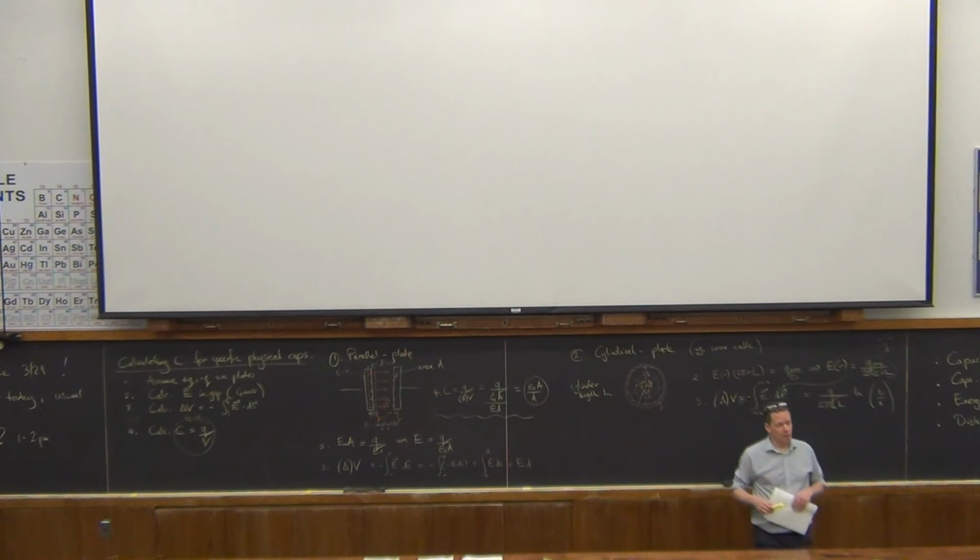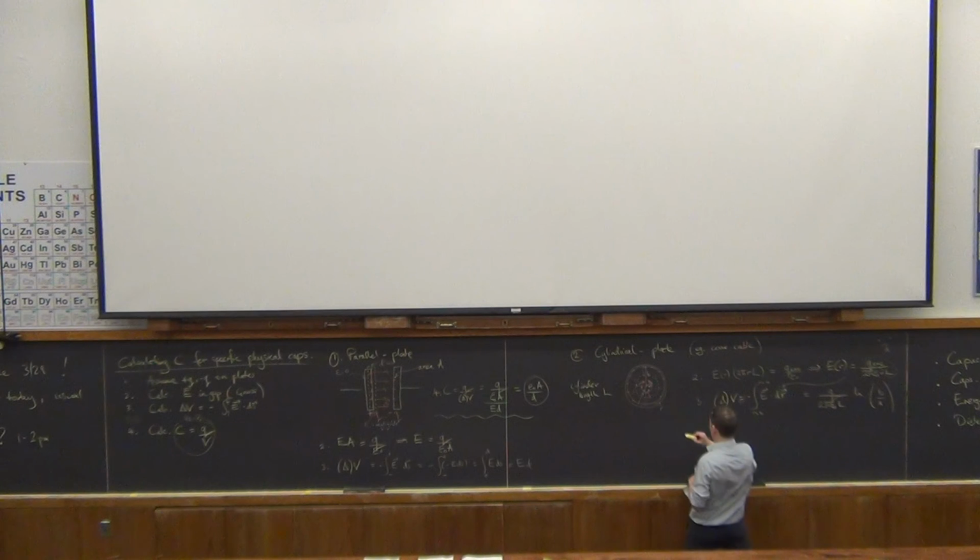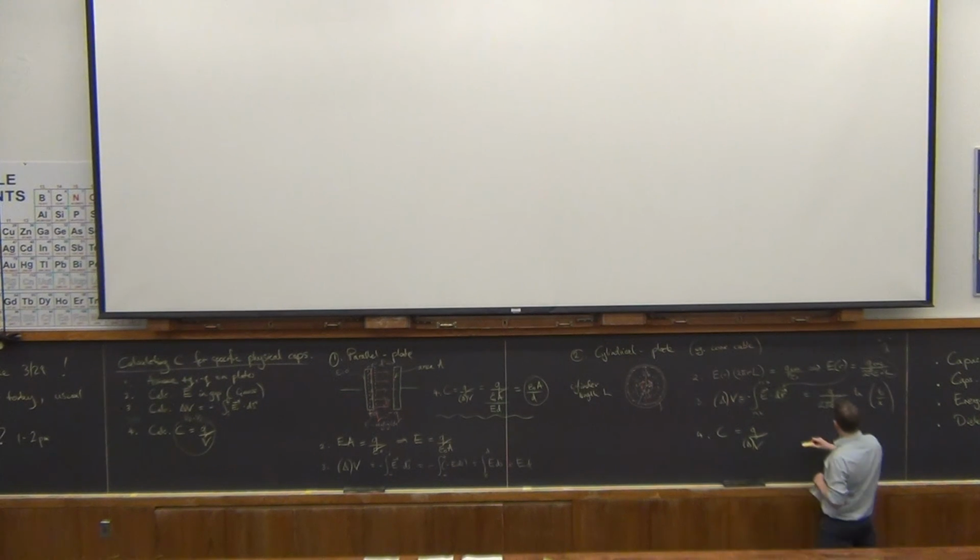Okay, so that's step 3, and then step 4, as we've seen here, is just to divide the one by the other. At this point, I may be forgetting the deltas entirely, and so this should turn out to be Q over Q 2 pi epsilon L logarithm of B over A, something like this.